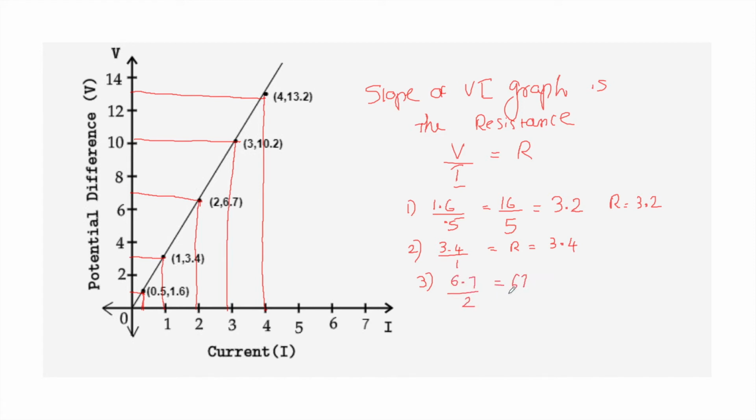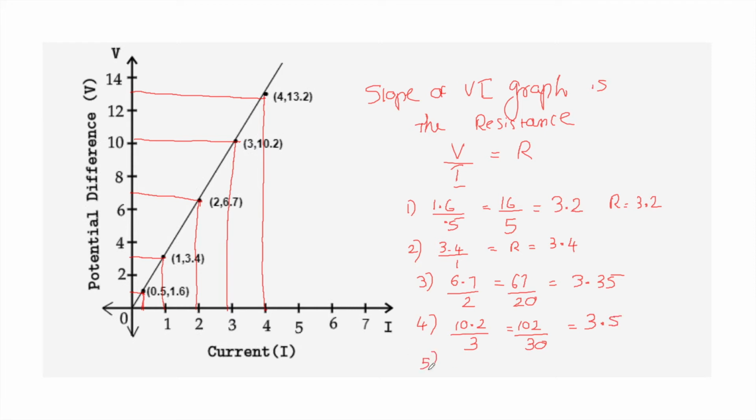That means 67 by 20, and it will be 3.35. And in the fourth case, it is 10.2 by 3. That means 102 by 30. It will be 3.5.